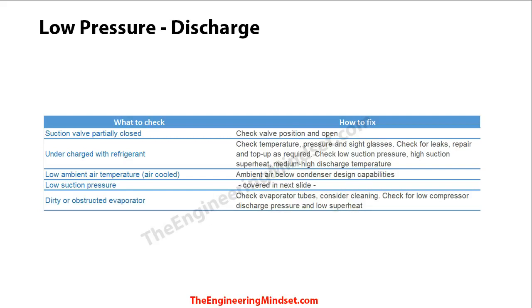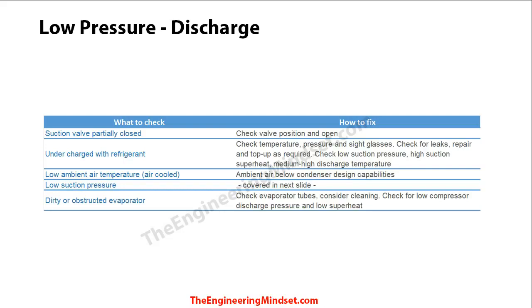Another issue could be that the ambient air temperature is just too low. Your air-cooled chillers will not be able to operate in these conditions, and there's not so much you can do about that. You really have to reprogram the system and check with the manufacturers that this is possible to do. Another common issue with this will be a low suction pressure, and we're going to have a look at that in just a moment as well in the next slide.